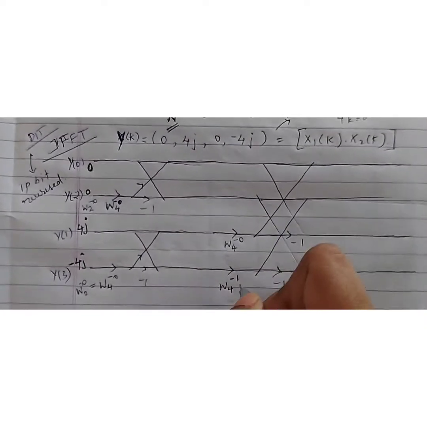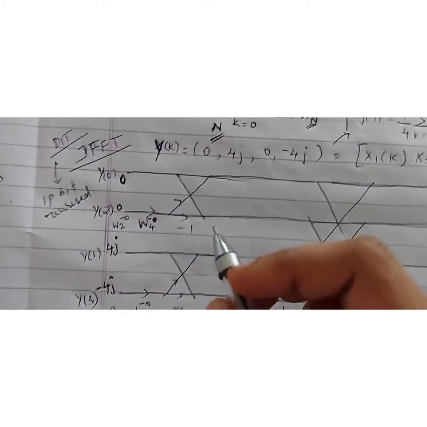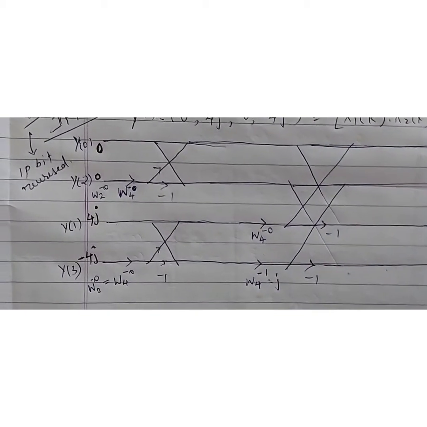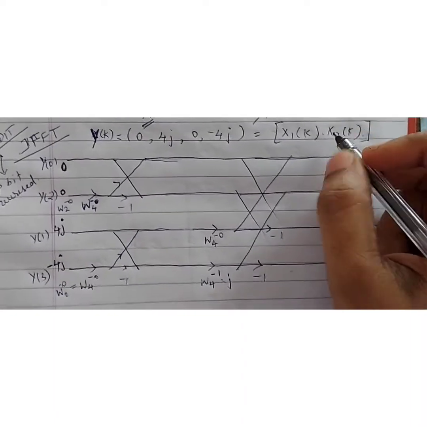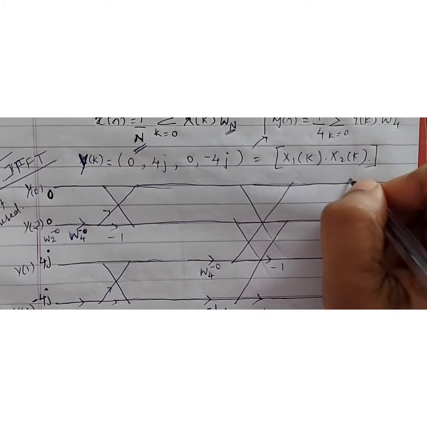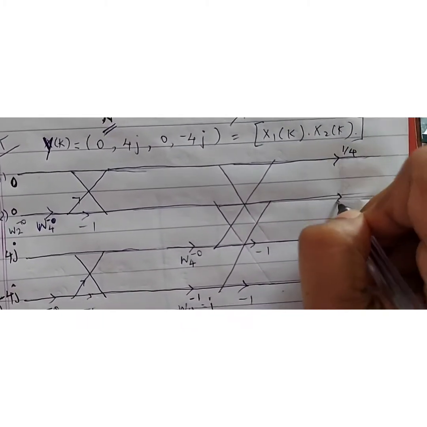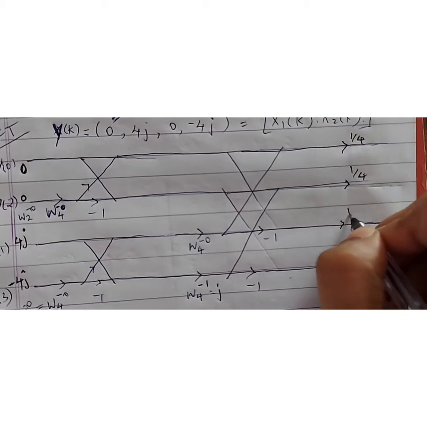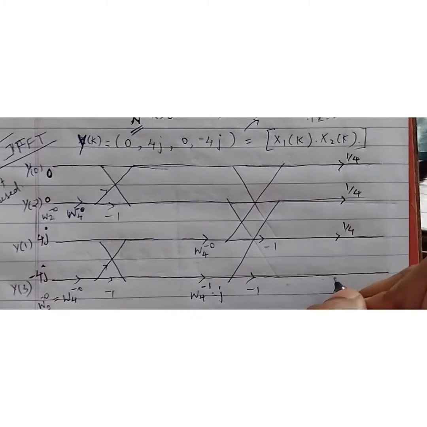Alright. So, we all know W4 power minus 1 is nothing but j. Okay. So, we go on next. Let us solve this step by step. And remember, when it is IFFT, we will divide whatever answer we get by 4, that is multiply by 1 by 4, because of this term. Okay.